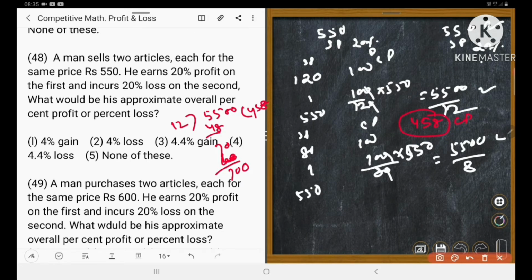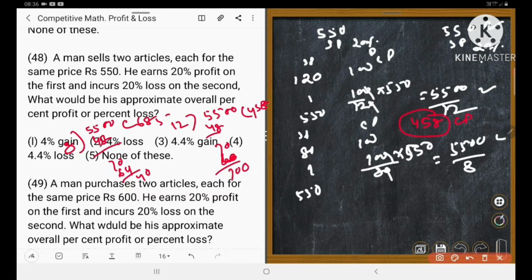Another one here. 5500 divided by 8. 8 sixes are 48. Here 7, 0, 8 eights are 64. 4, 0 and that is 5.